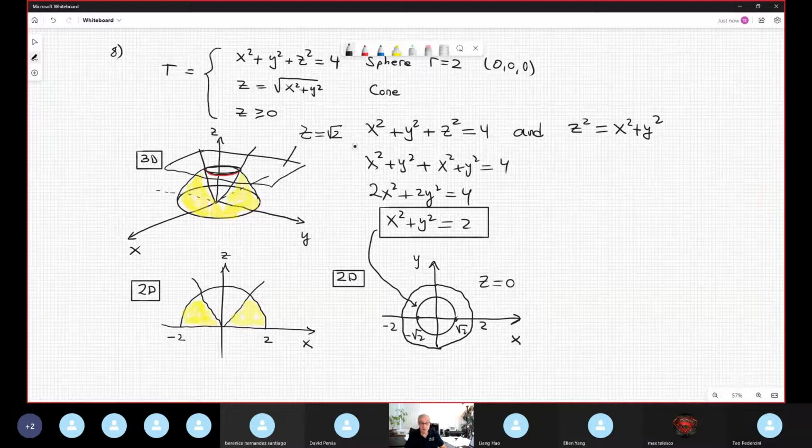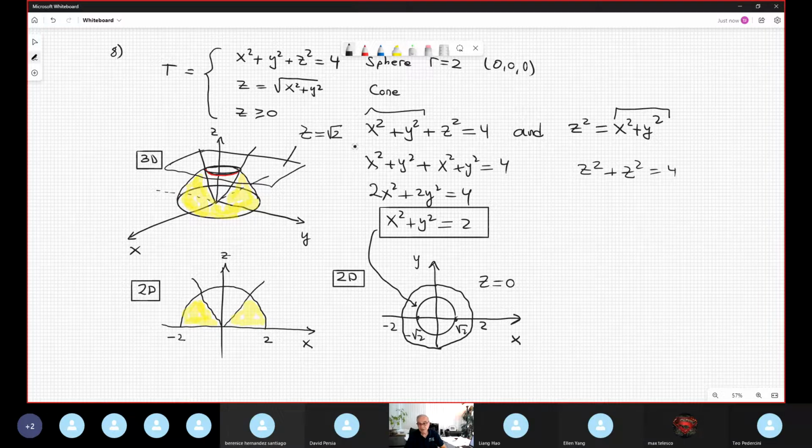Suppose I'm doing the substitution differently. You substitute x squared plus y squared by c squared, and you have c squared plus another c squared equals 4. It's the same. 2c squared equals 4. C squared is equal to 4 divided by 2, which gives 2, and c is equal to radical 2.